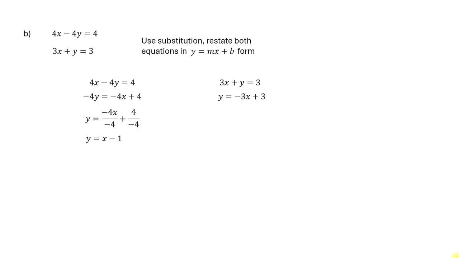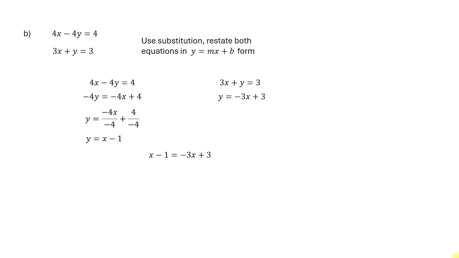Now in the first equation, we can say y equals x minus 1. The second equation, y equals -3x plus 3. If the right-hand side of both these equations equal y, then we can say the right-hand sides of both of these equations are equal to one another.